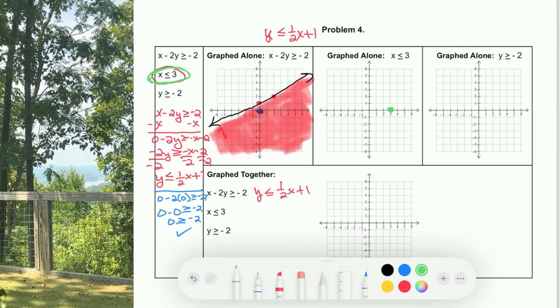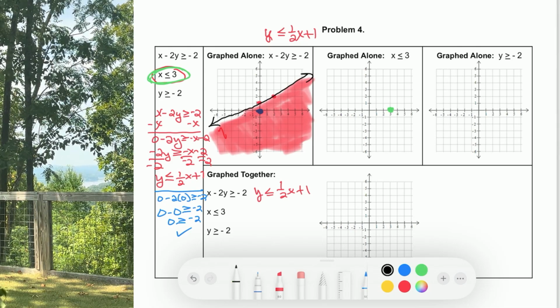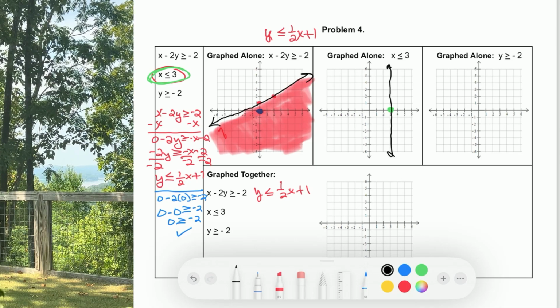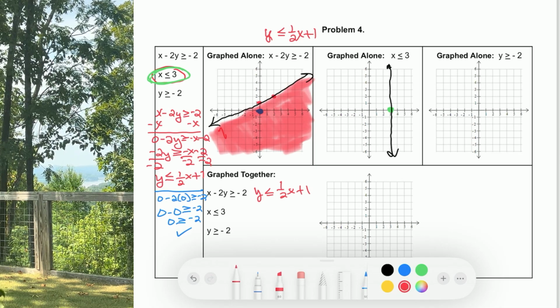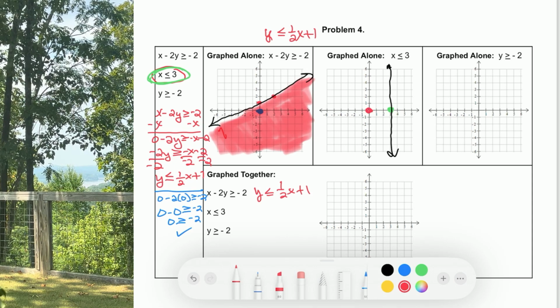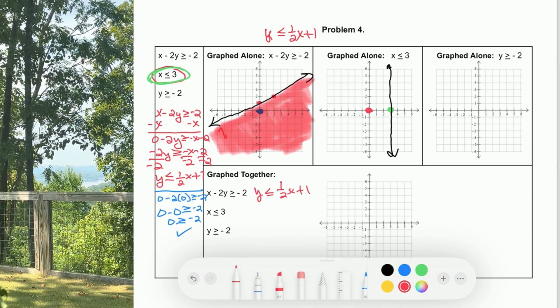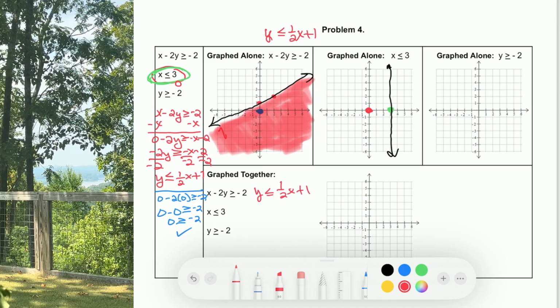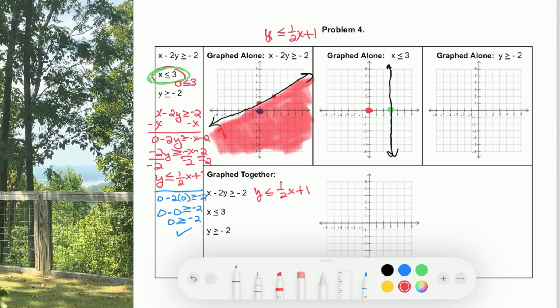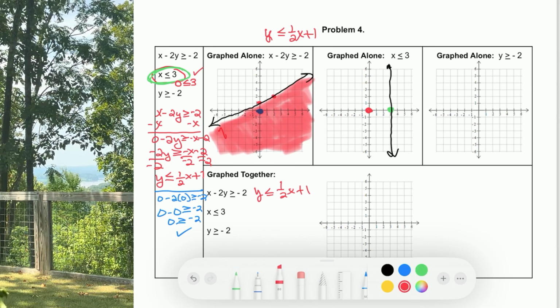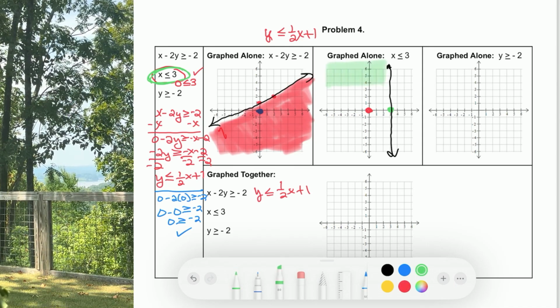It's less than or equal to, so it's going to be a solid vertical line at that location. So let's draw that. Now I need to figure out where my shading will go using my origin. So if I plug in and I say 0 is less than or equal to 3, is that true? Yes, that is true. So my shading will be on this side.